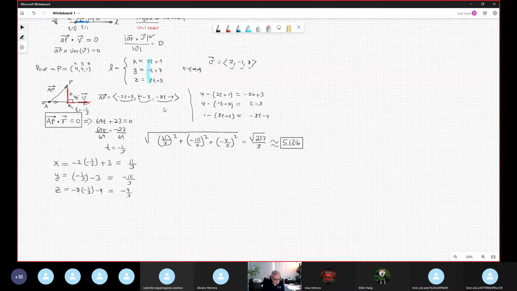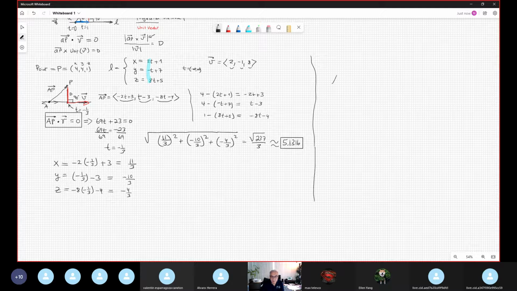You select an arbitrary point A, but not a generic point A like a slider. One specific point. For example, I take the point 1, 7, and 5.